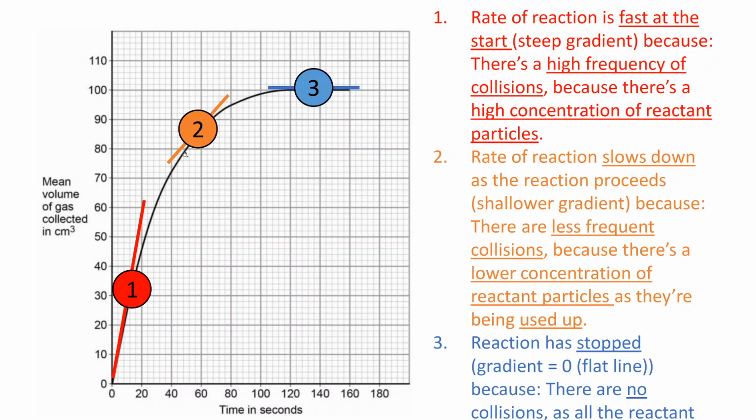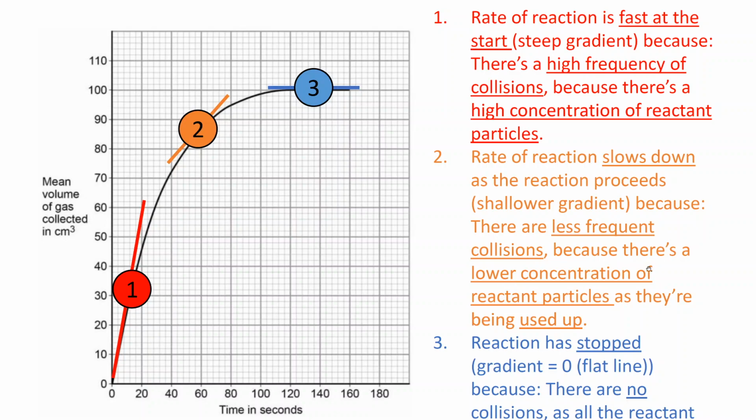As the reaction proceeds, the rate of reaction begins to slow down. And this is because the frequency of collisions decreases. So there are less frequent collisions if a rate is slowing down. Why would there be less frequent collisions? Well, as the reaction proceeds, reactants are converted into products, and therefore we can argue that there's now a lower concentration of reactant particles as they're being used up.